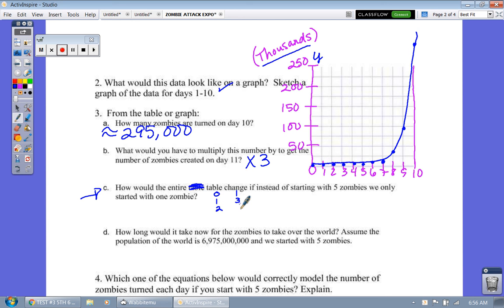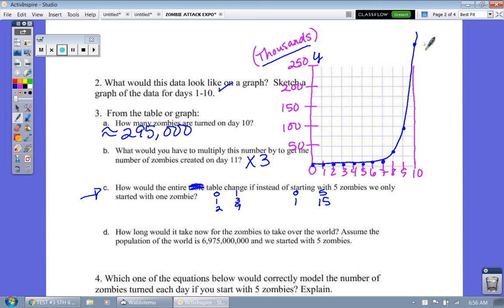Day 2 has 9 zombies. If you compare that to the other table, and I'll make a small one here, day 0 had 5 zombies and day 1 had 15 zombies. So this new table would start off with less, a lesser amount of zombies. So the graph would be a little bit below this one, and you would have fewer zombies, of course.